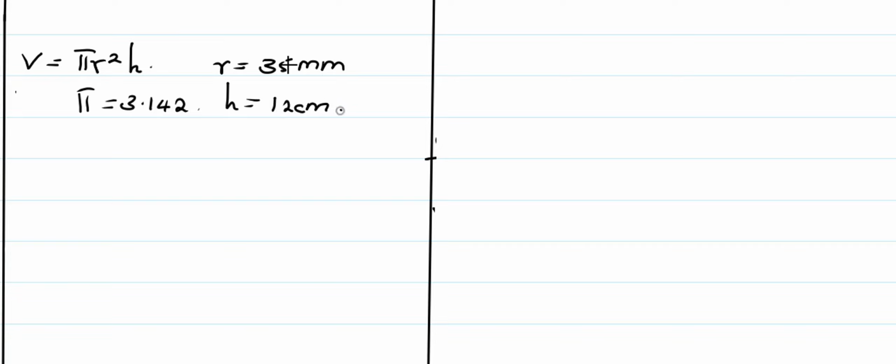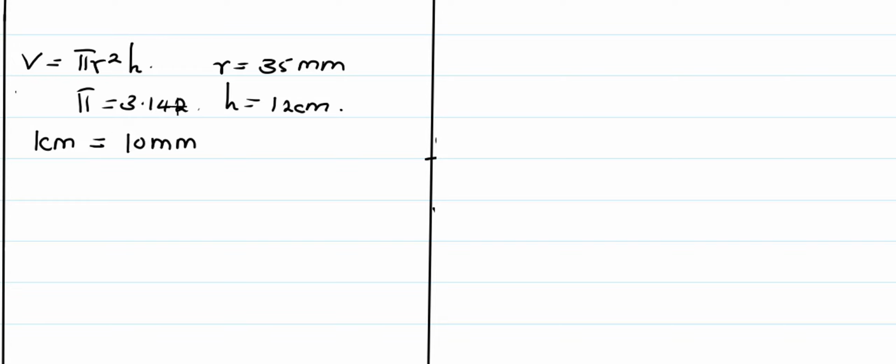So from there, first of all, since we are told to give the answer in centimeters cubed, the radius is the one which is not in centimeters, so we can convert it to centimeters before we start the calculation. And here we said 1 centimeter is equivalent to 10 millimeters.